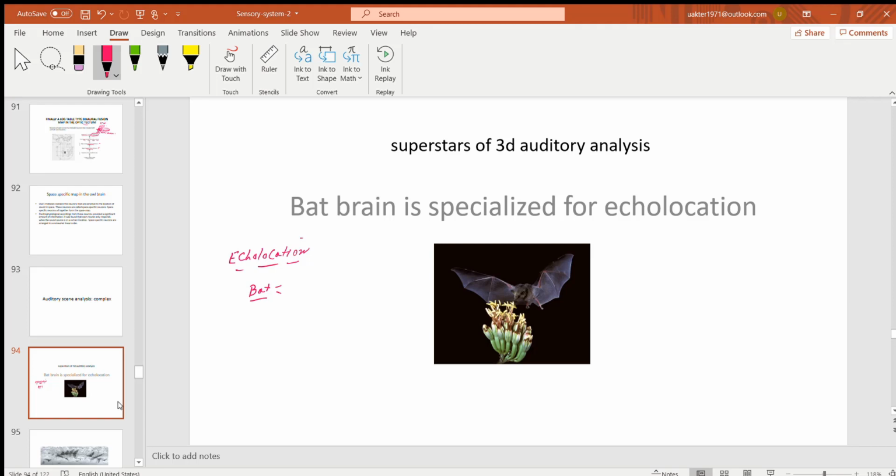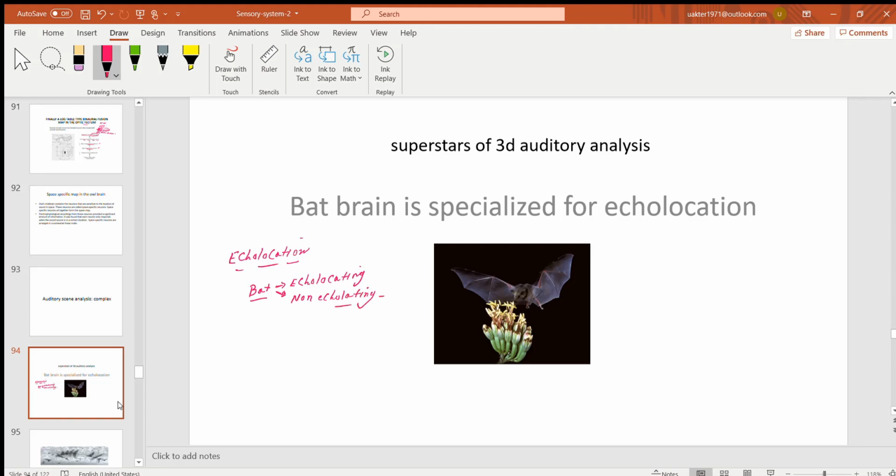Among those more than 1,000 different species of bats, we divide them into two groups based on the ability to use echolocation. So we have echolocating bats and non-echolocating bats. Non-echolocating bats are like birds.